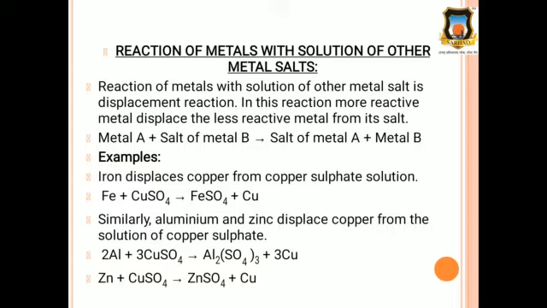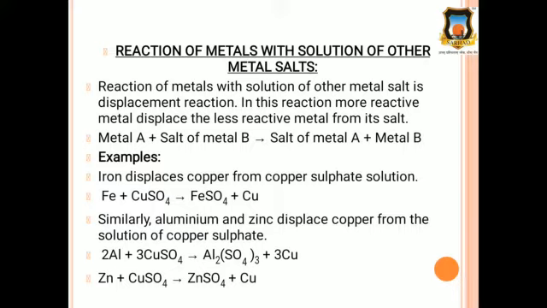But if I change it, मतलब मैं Cu plus FeSO4 अगर कर दूंगी तो this reaction is not possible. क्यों नहीं पॉसिबल होगा? क्योंकि copper is less reactive than Fe. Later in this chapter you are going through the reactivity series. तब आपको पता चलेगा कौन से एलिमेंट्स कितने रिएक्टिव हैं.